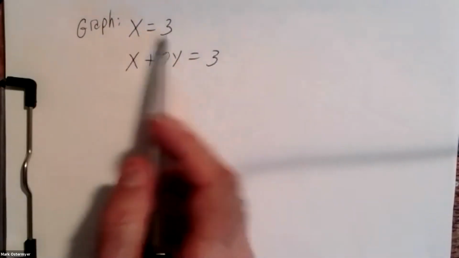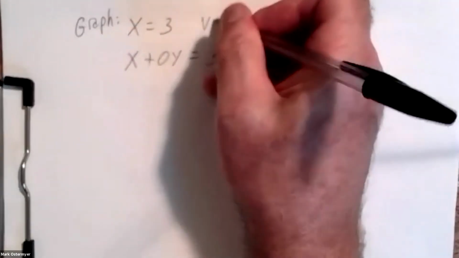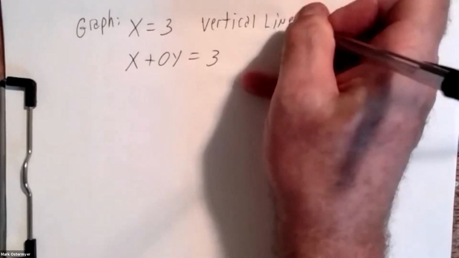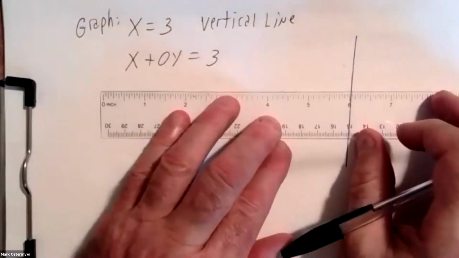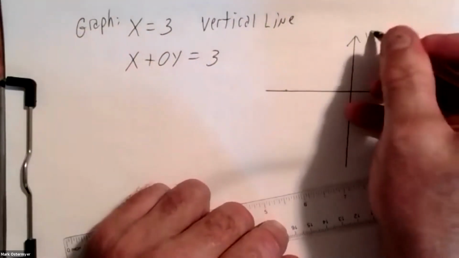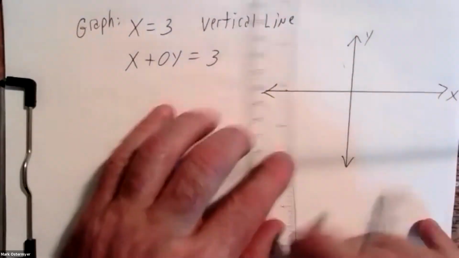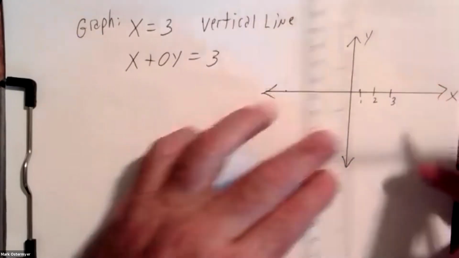Now, what does the graph of x equals 3 look like? Well, it's pretty simple. It's going to be a vertical line. And this vertical line is going to have to go through the x-axis at what value? What do you think? 3. That's right. The graph of x equals 3 is going to be a vertical line, and it's going to go through the x-axis at 3.